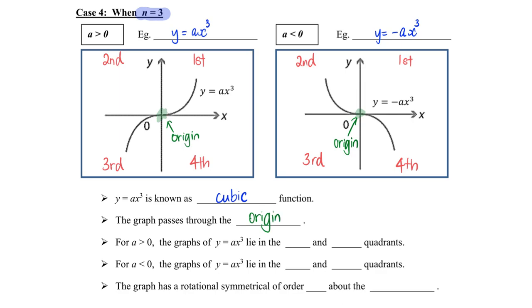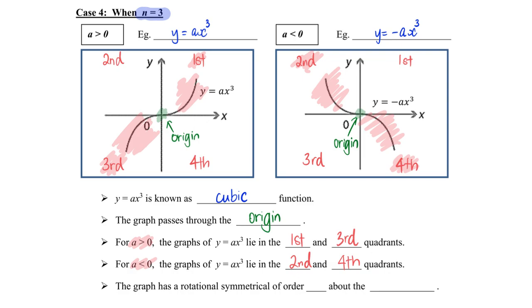For this graph, do take note, it lies on the first and third quadrants when a is positive, and when a is negative, it lies on the second and the fourth quadrants.